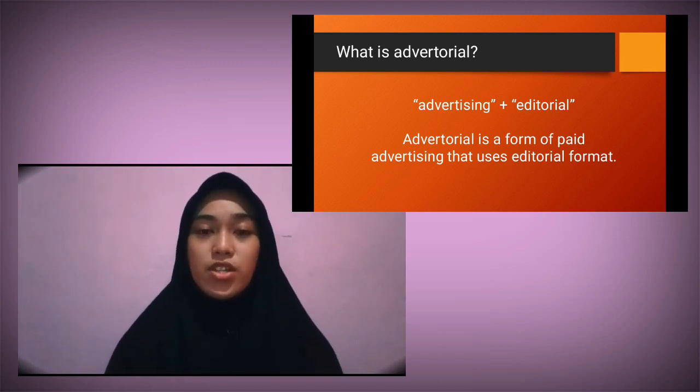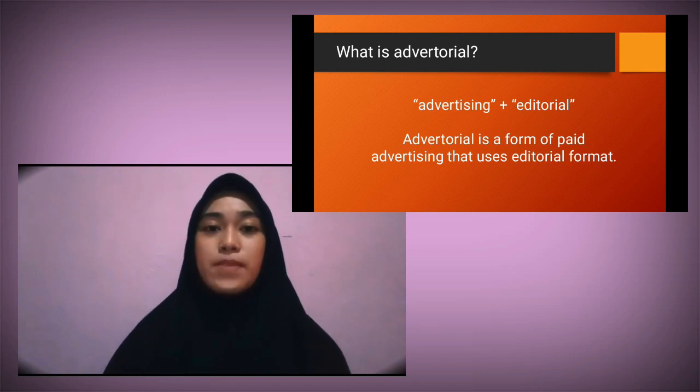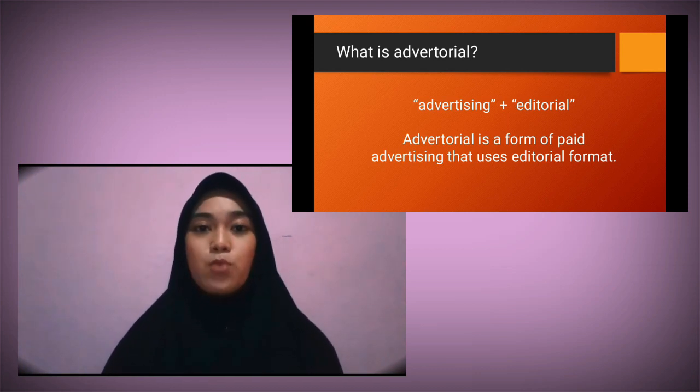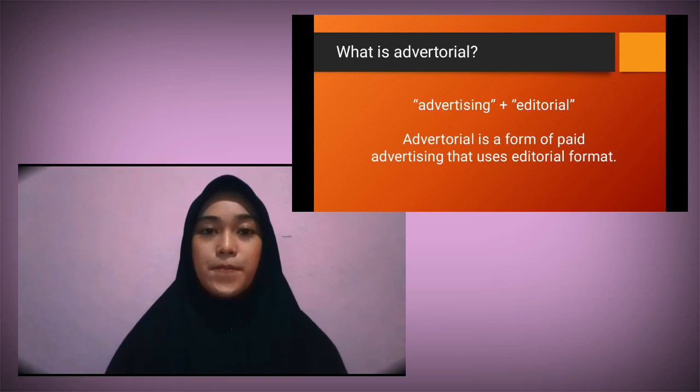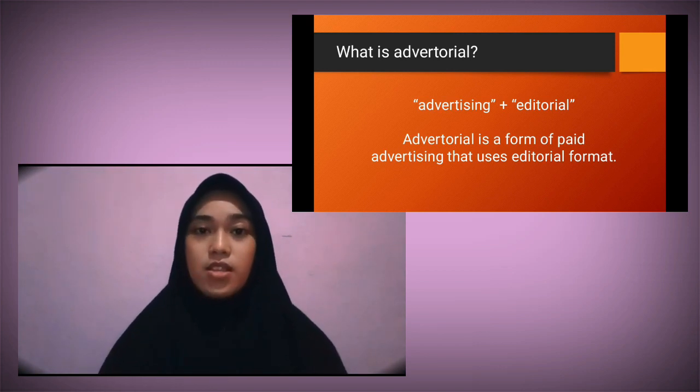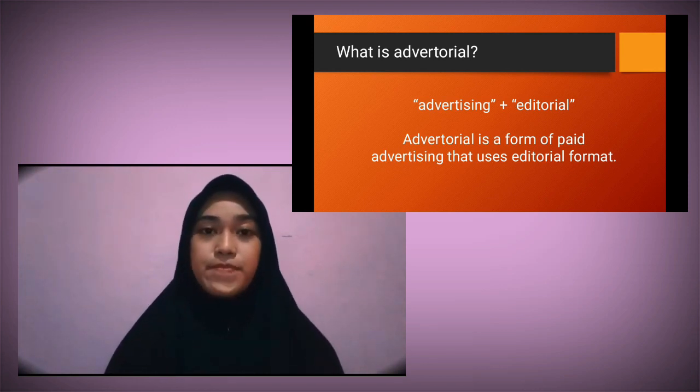The word advertorial is made up from two words, that is advertising and editorial. Advertising is presenting material to the public persuasively through mass media with the aim of promoting products or service, while editorial is a statement of opinion of the editor.